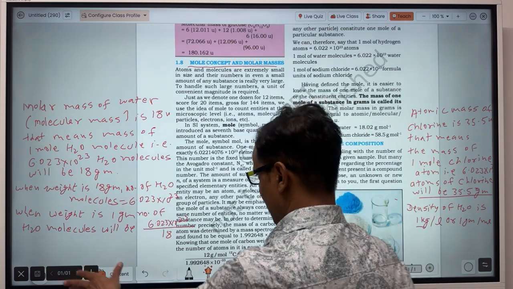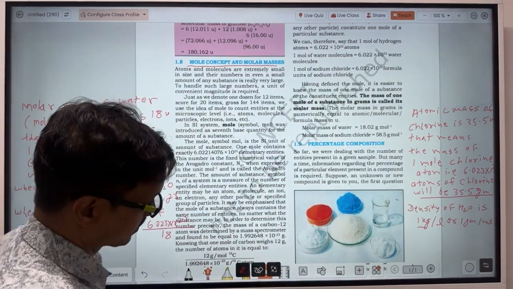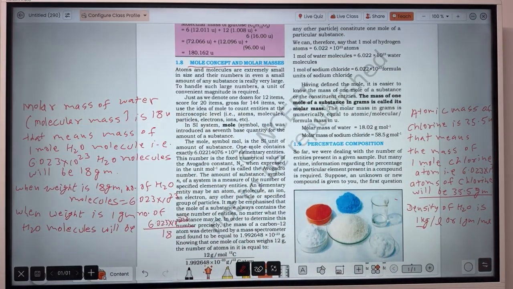So here 500 milliliter water means 500 gram water.